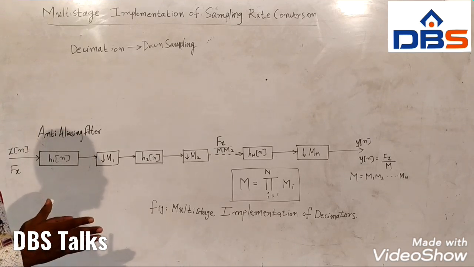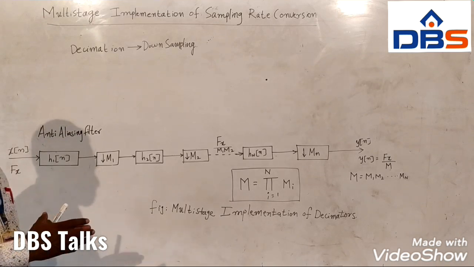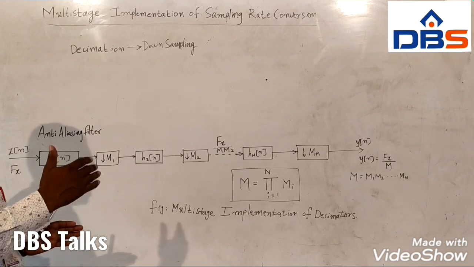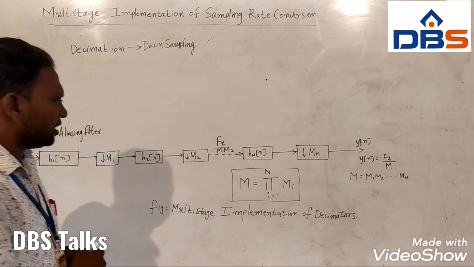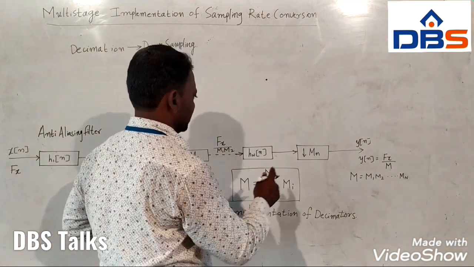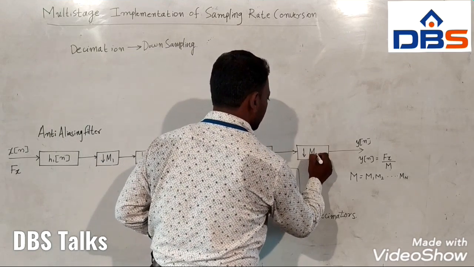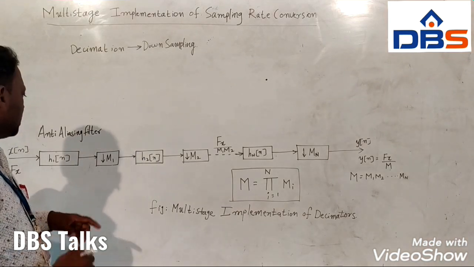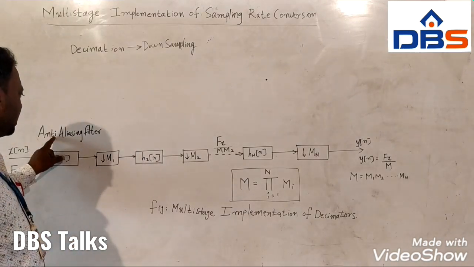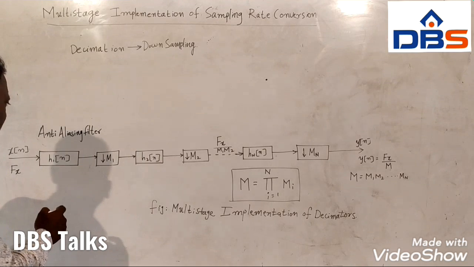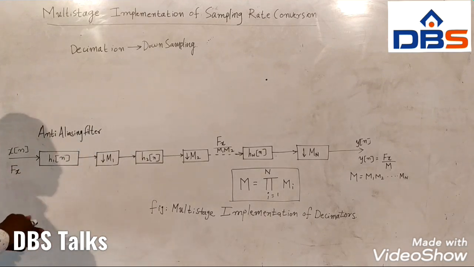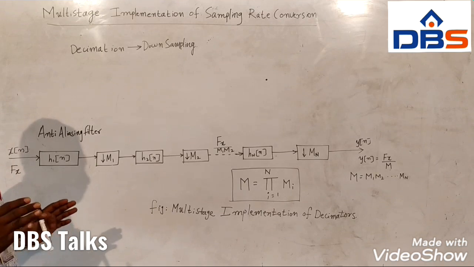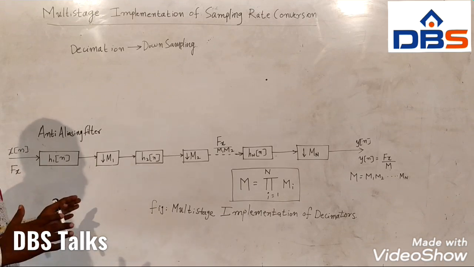This x of n first passes through H1n. What is H1n? H1n is the anti-aliasing filter. So first, any high frequencies present in the input sequence are filtered out by this anti-aliasing filter.